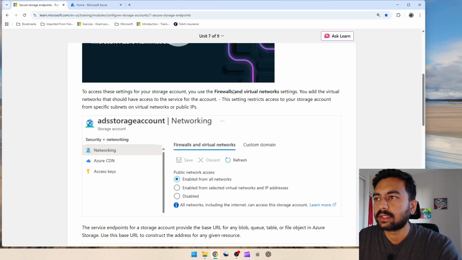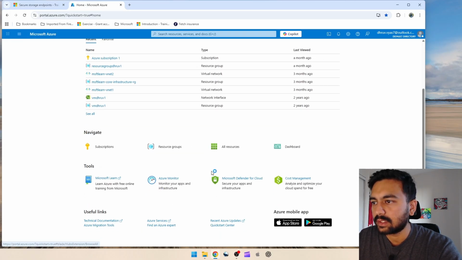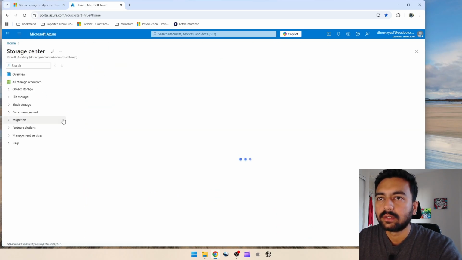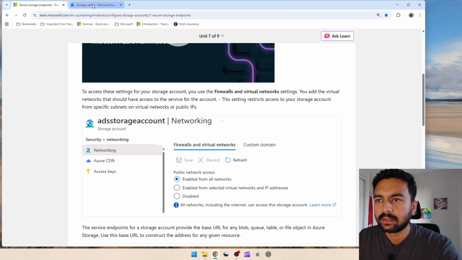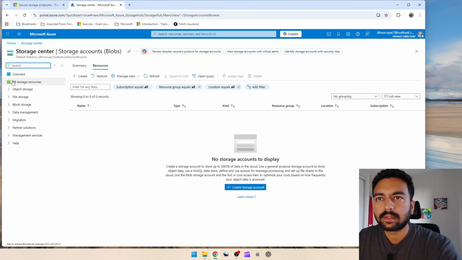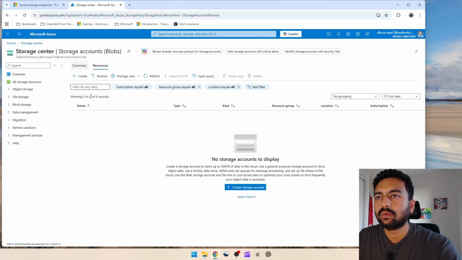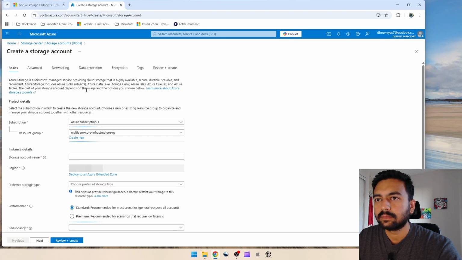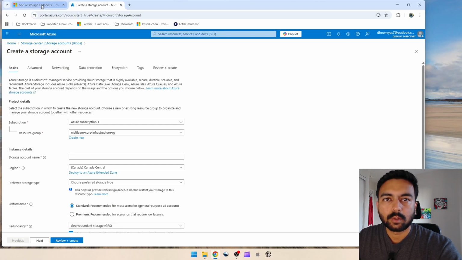Okay, so what are they saying? Firewall and virtual network settings in your storage account. Do we have a test storage account that I created at any point? Storage accounts, I don't. Okay. Do I still see the setting? Security and networking. I guess you have to create a storage account first.